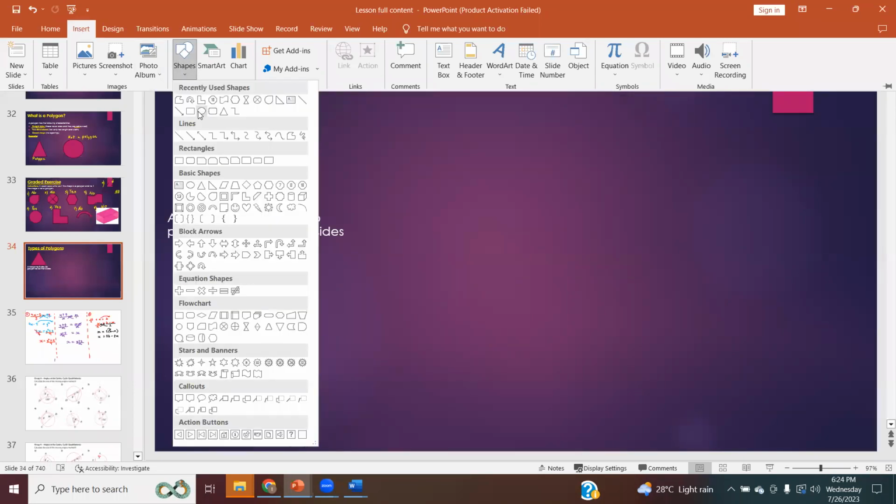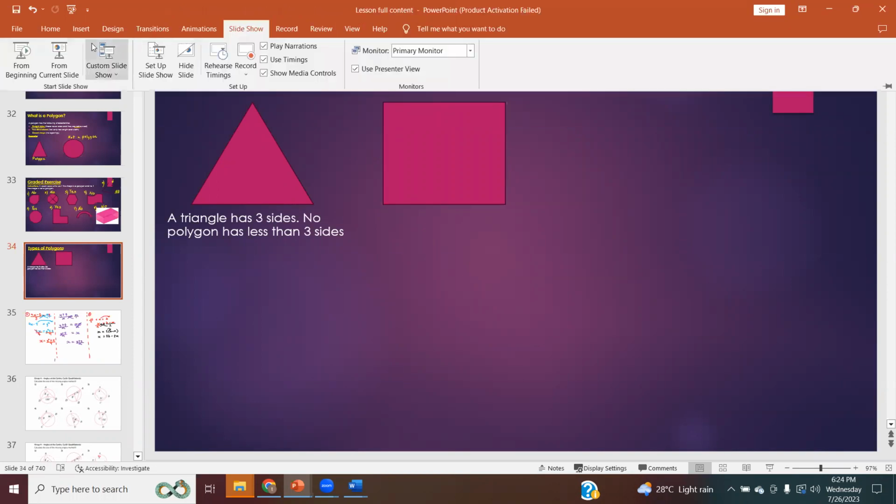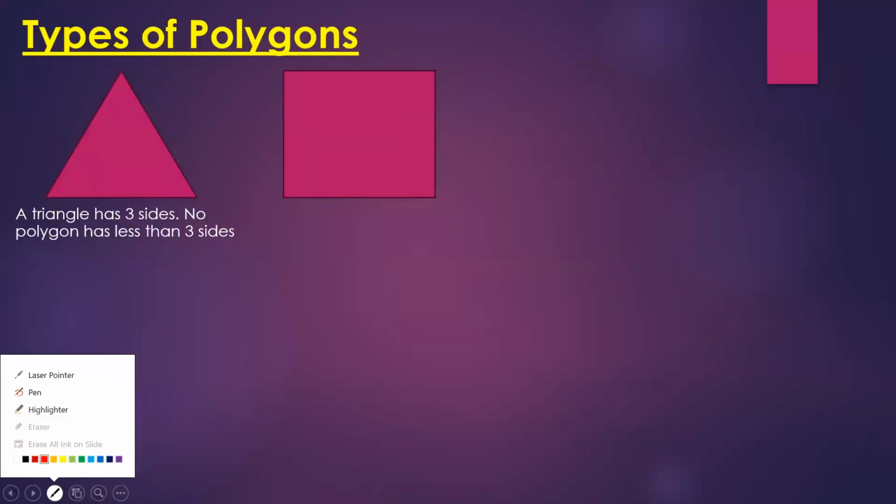Can you repeat that? Two straight lines cannot connect. Exactly. So my question is really why a polygon can have no less than 3 sides.